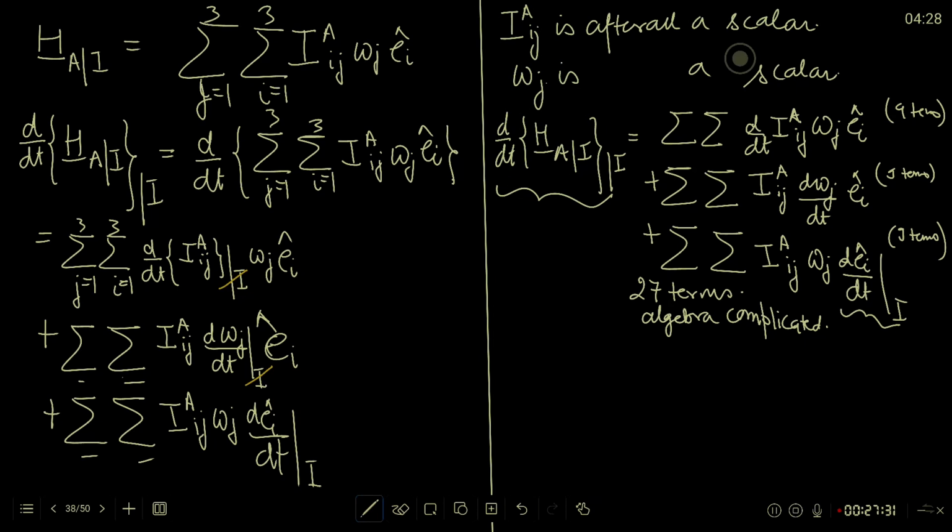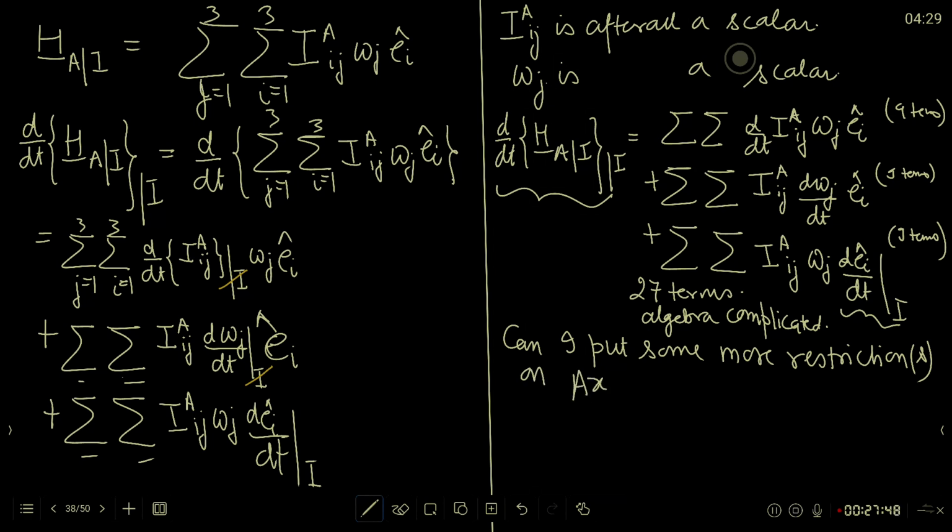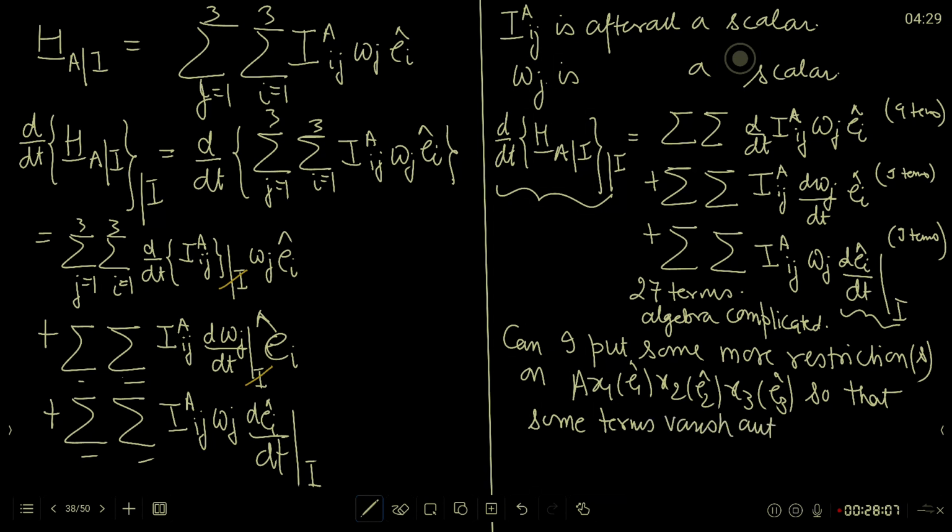So now with these 27 terms, I raise this question: can I put some more restrictions on this coordinate system, my working coordinate system, so that some terms, at least some terms, vanish automatically on the right hand side.